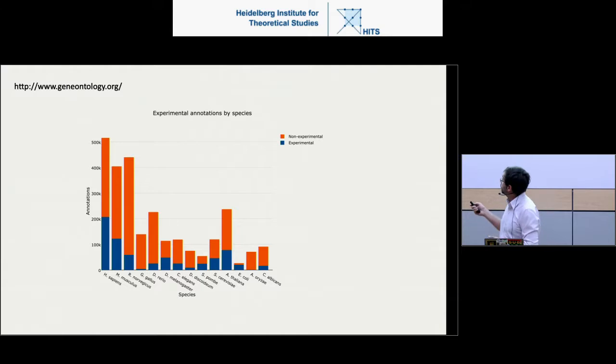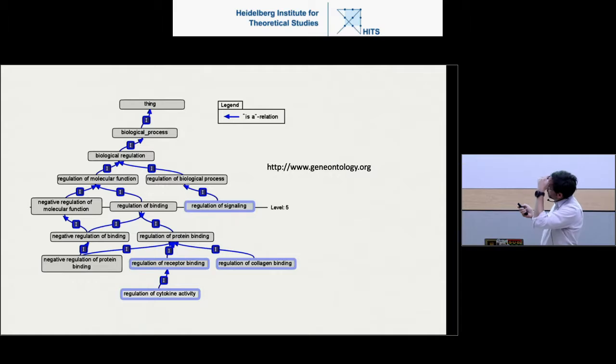So as we go away from the most widely studied organisms like S. cerevisiae and Homo sapiens, we see that there are many fewer annotations and that most proteins are of unknown function. Now, if you're of unknown function, we might know that you bind a receptor or that you regulate signaling or that you're a transcription factor, but we might need to know more than that.